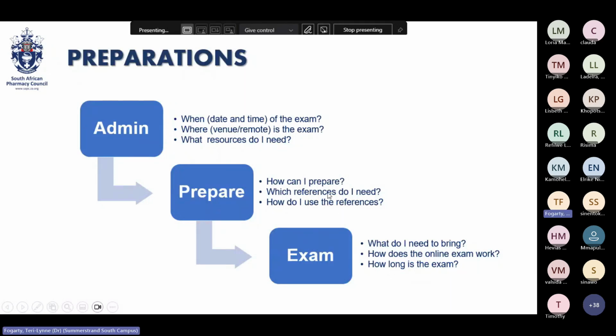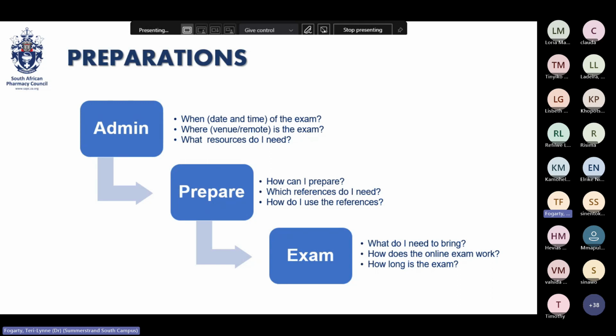Then work through those reference sources, work through those resources. Make sure you know how to use them. Make sure you know what information is in each of those reference sources. And then for the actual exam, what do I need to bring with me? Have a bag packed specifically for your exam. Even if you are writing at home, have an area where you've got all your exam things packed and ready for your exam.